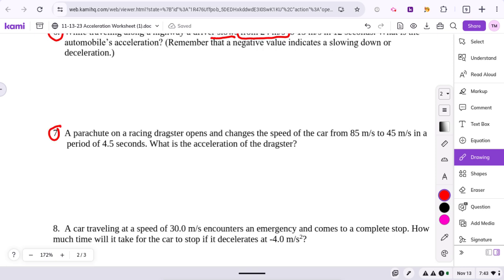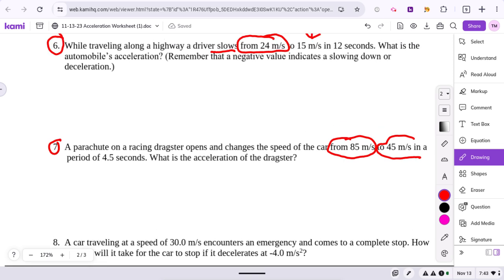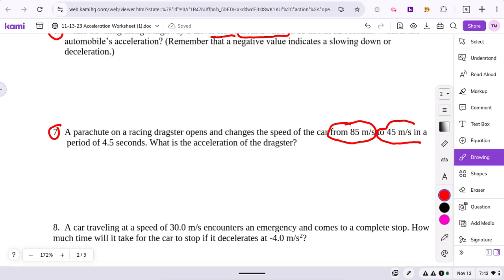Number 7, similar, right? From 85 to 45. So similar to number 6, set up the equation the same way. So you're going to have a negative number. So from, that's the initial, to 45.